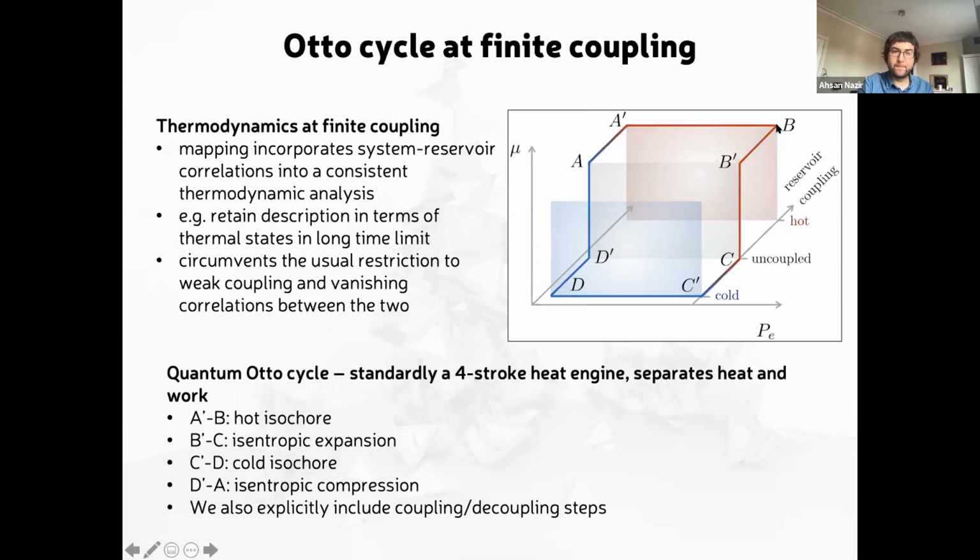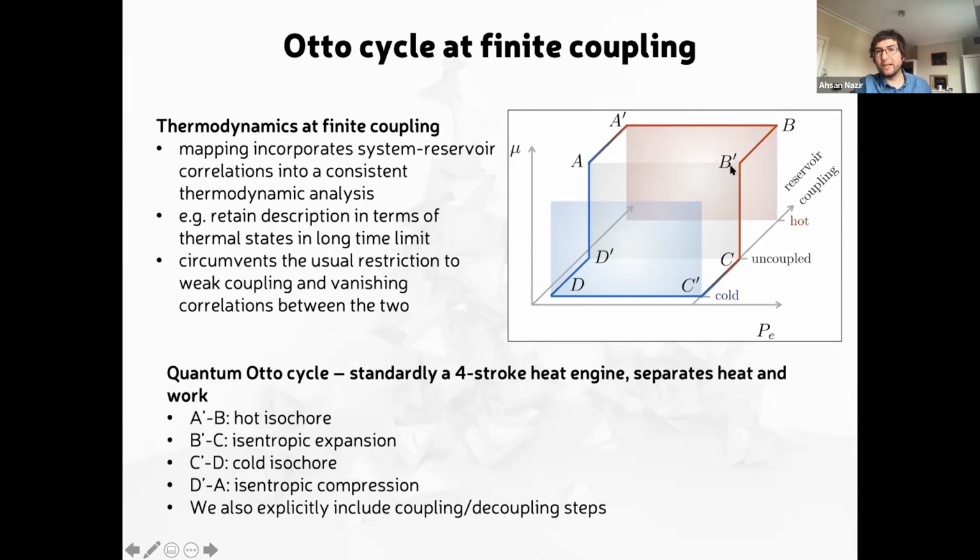At point B, the isochore is finished and the hot reservoir is decoupled from the system to take us to B primed, and there will be an energetic contribution in the strong coupling regime due to that decoupling.